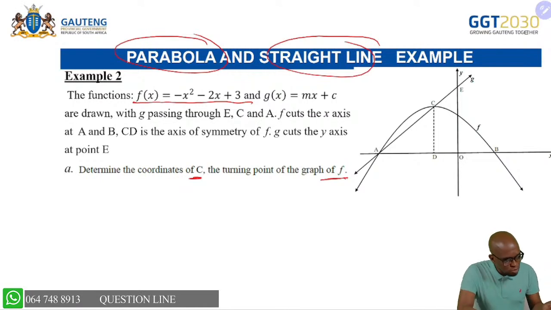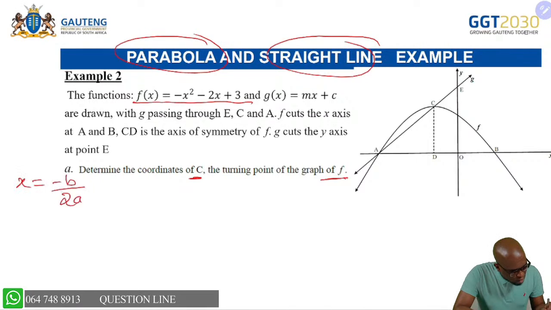Now, to do that, we know we can either complete the square, we can use the axis of symmetry, minus b over 2a, or we can use calculus. Now, if we use x equals minus b over 2a here, we know that our value of b is minus 2 and the value of a is minus 1.